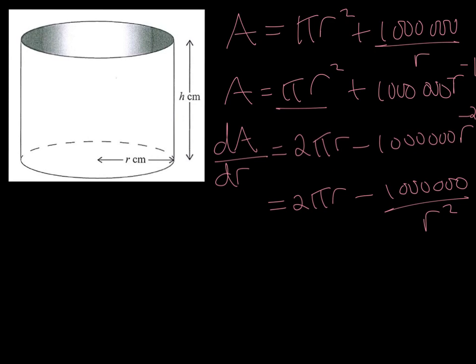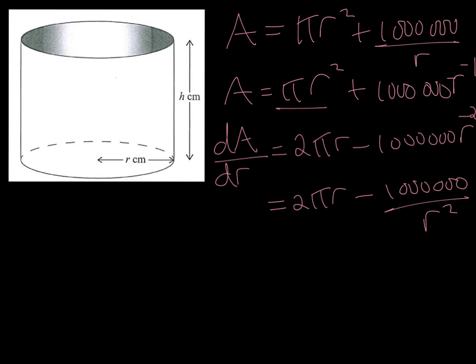In part F, we are asked to use your answer to part E to find the value of r which minimizes the area. So the key thing to recognize here is that at a minimum value, the gradient, or the rate of change of area with respect to the radius, will be equal to 0.